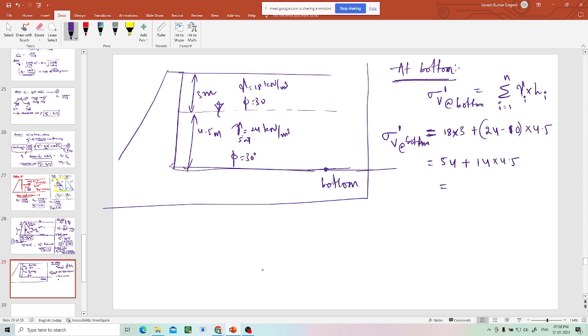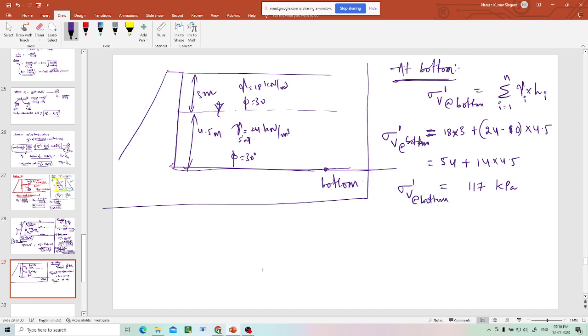Totally how much is it? 14 fours are 56. So 14.5... 62, or 63? So 117. Okay, so this is sigma V at the bottom.